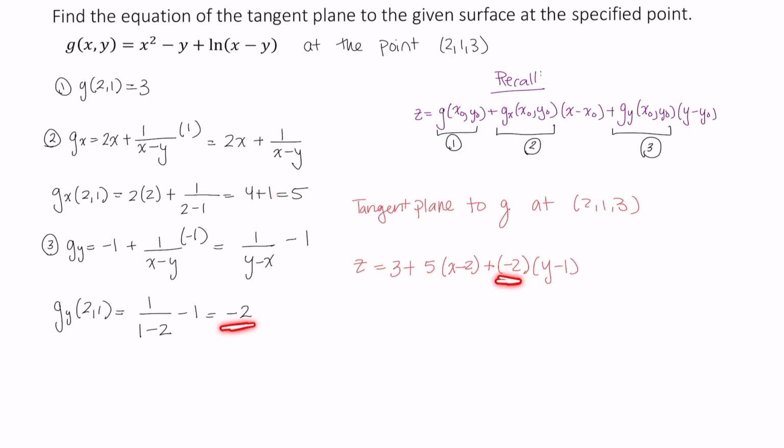Similarly, this negative 2 comes from the partial with respect to y times y minus the y value here. So z is equal to 3 plus 5x minus 10 minus 2y plus 2. And this simplifies to z is equal to 5x minus 2y minus 5.